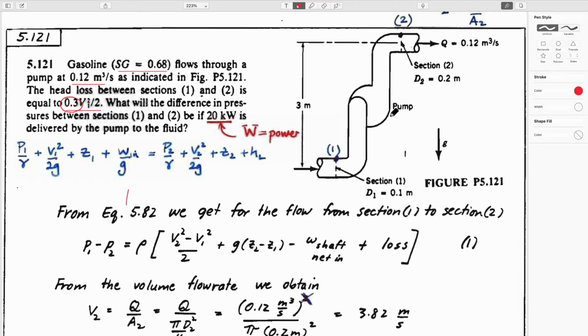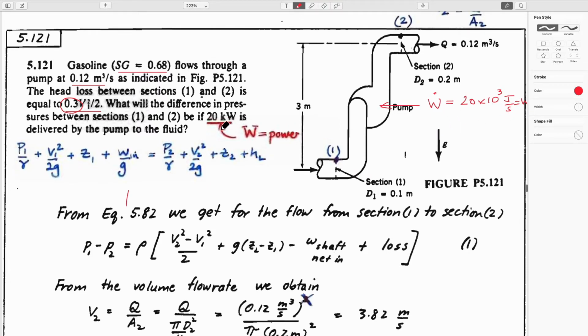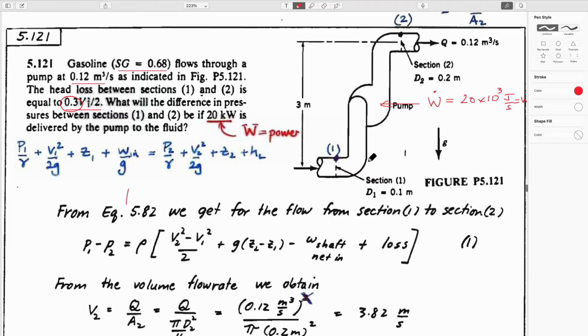And we have a pump in here which is applying power, and that power is 20 times 10 to the 3 joules per second, or watts, right? Running out of space. So this is 20 kilowatts, 20 times 10 to the 3.